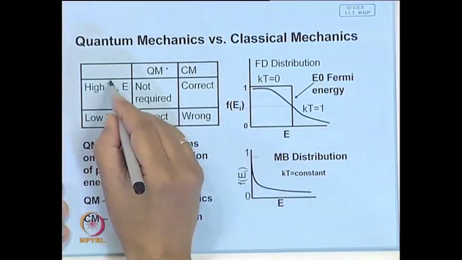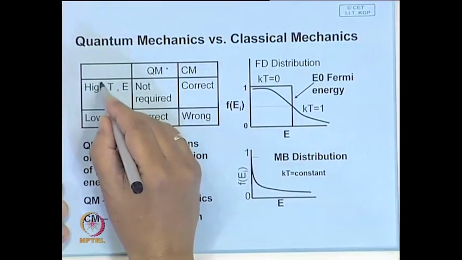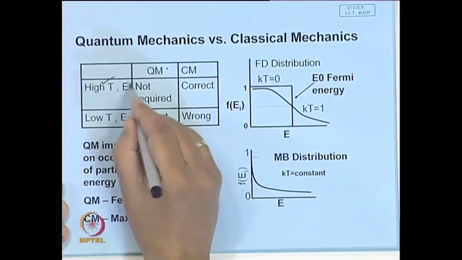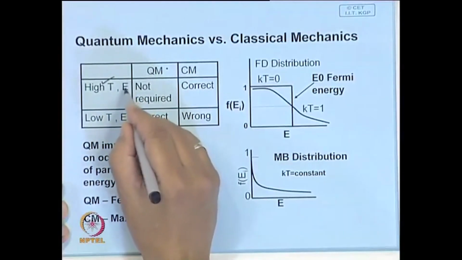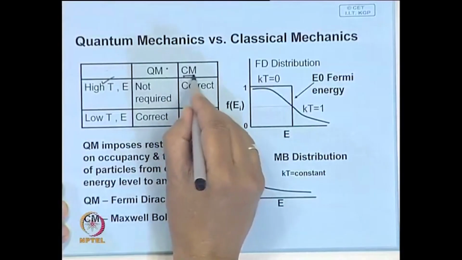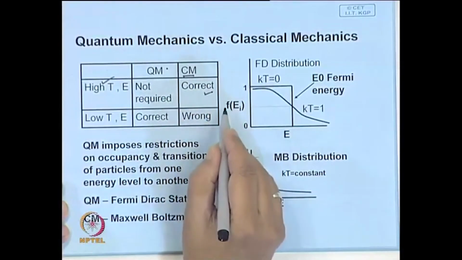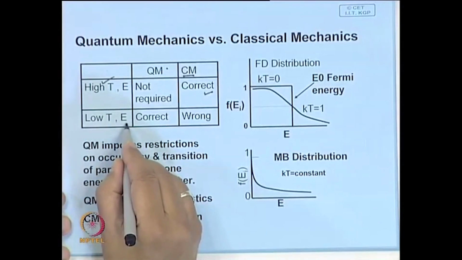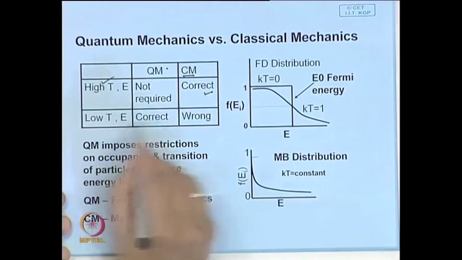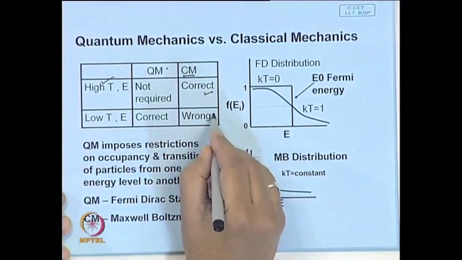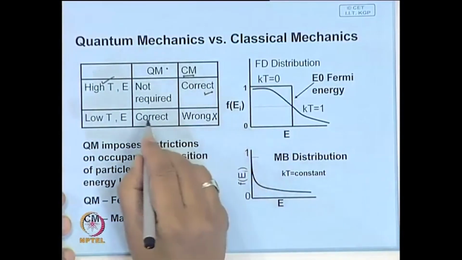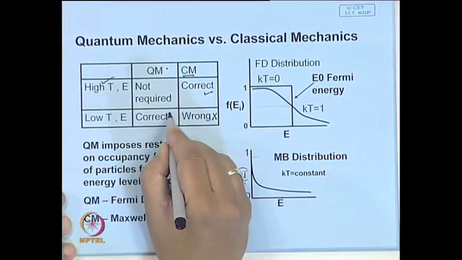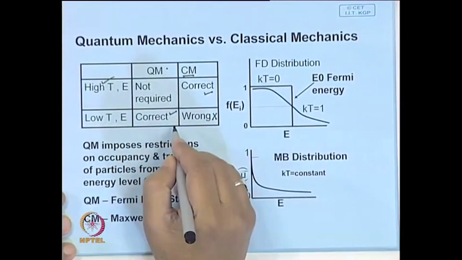Usually, at high temperature and high energy, that means particles have higher energy, classical mechanics gives correct prediction. However, when the temperature becomes very low, or the energy of particles is also very low, classical mechanics gives wrong prediction, and this is where one needs to apply the principles of quantum mechanics.